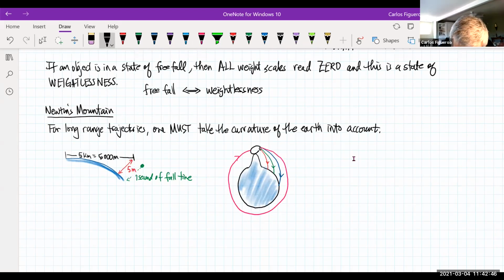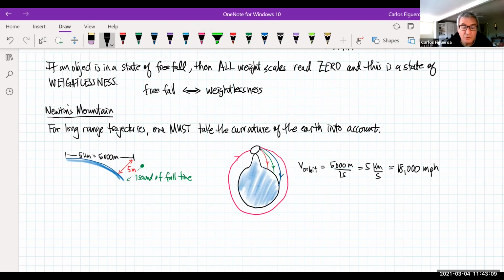What's that speed? Well, the speed in order to orbit has to be 5,000 meters every 1 second. In other words, 5 kilometers per second, which is about 18,000 miles per hour, which is incredible.